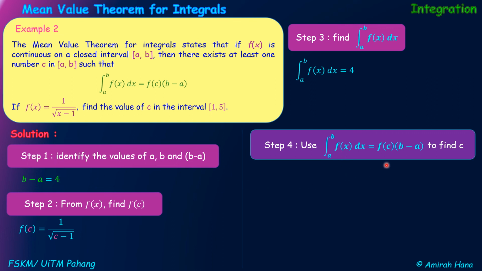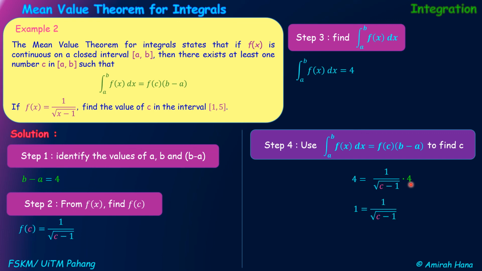So we substitute one by one using this formula. Integration from a to b of f(x) dx equals 4 from step 3, and this equals f(c), which is 1 over square root of c minus 1, times b minus a, which is 4.